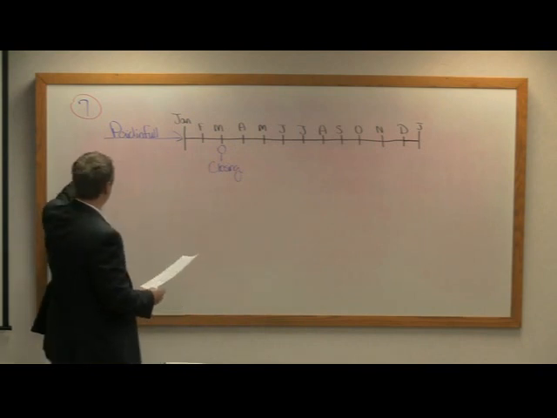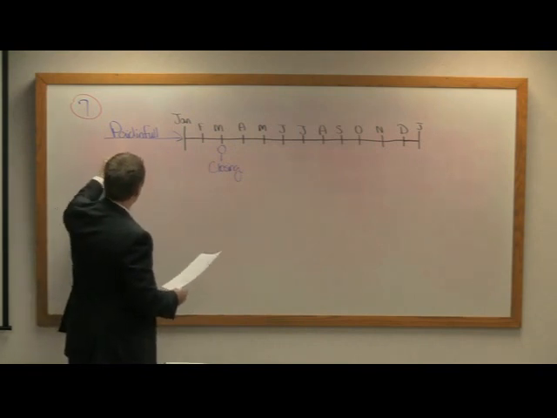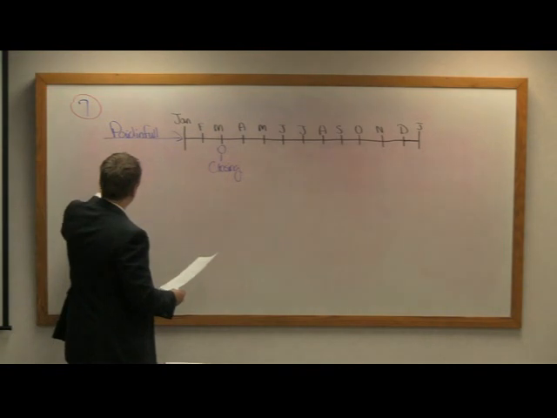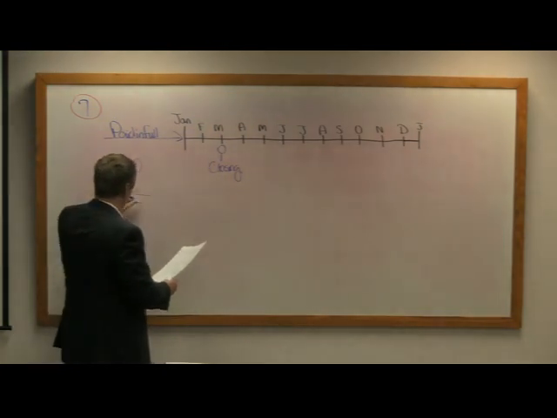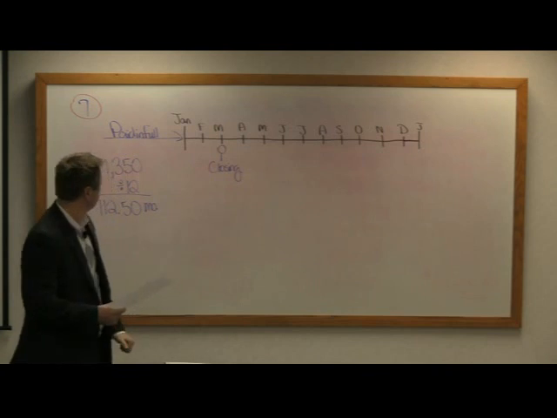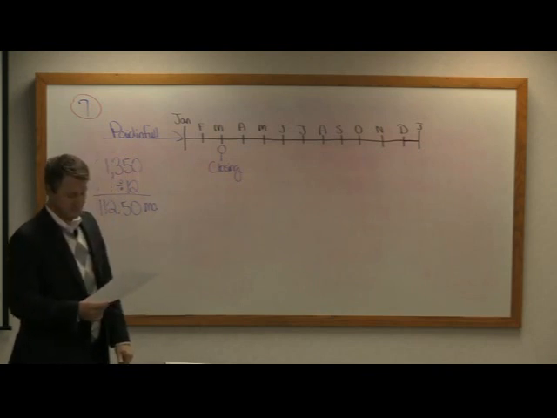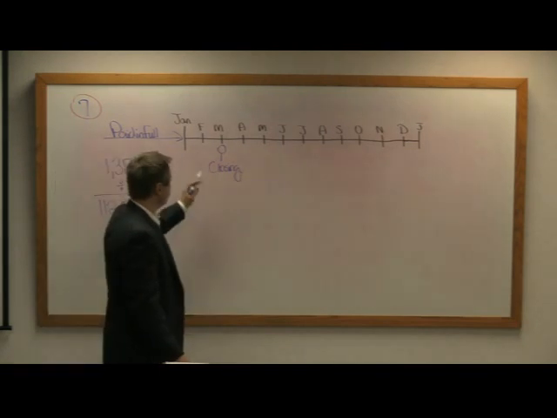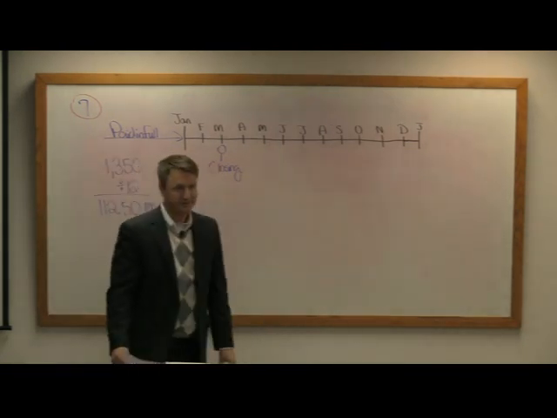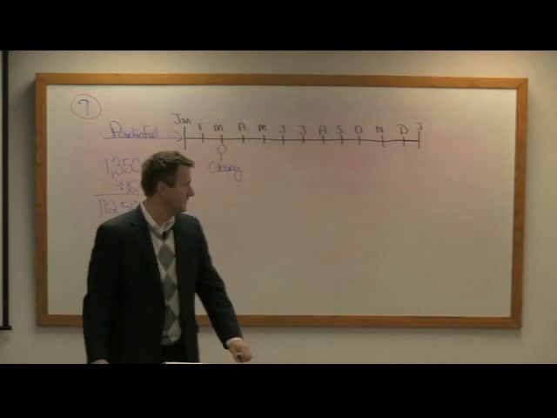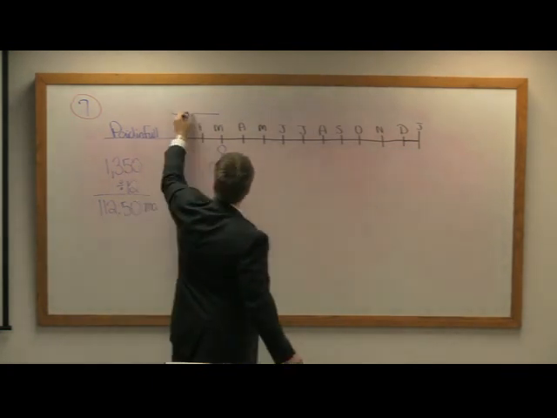Taxes are a total of $1,350 per year. When we divide that by 12 to get our monthly, $112.50. Now we need to figure out which direction are we going. Is this an accrued or a prepaid? Accrued. So we're going this way.